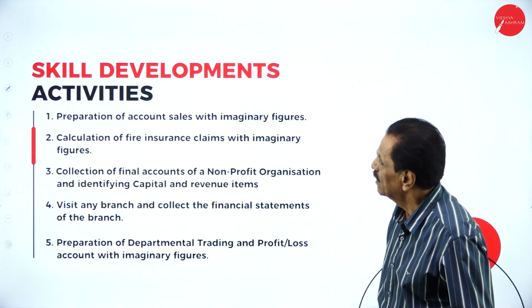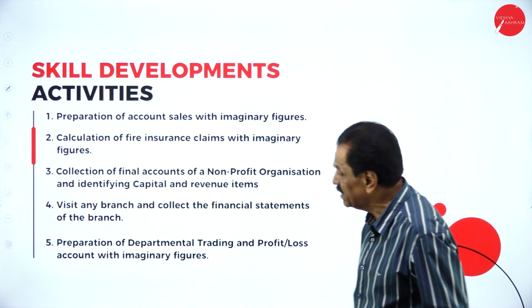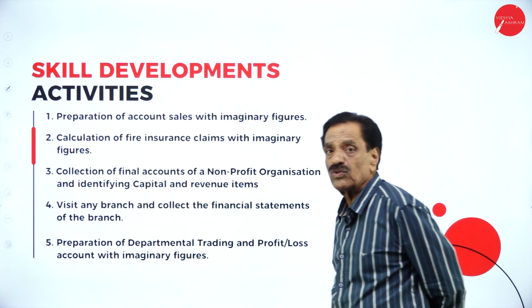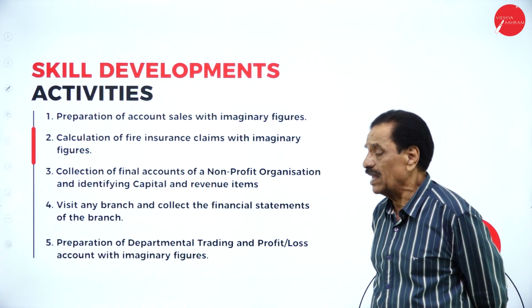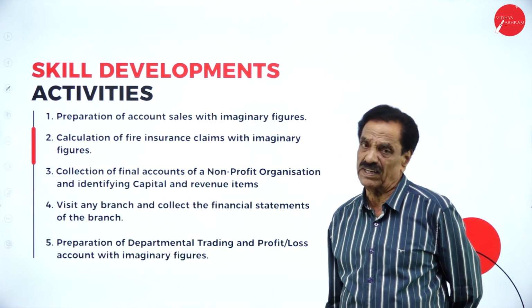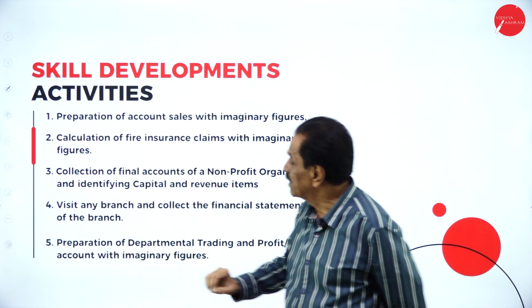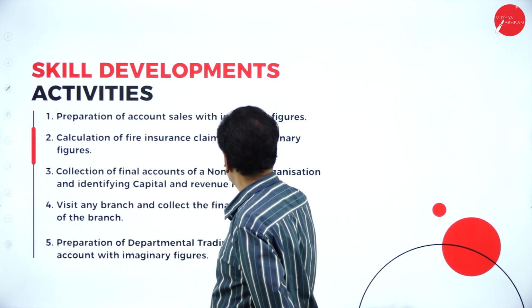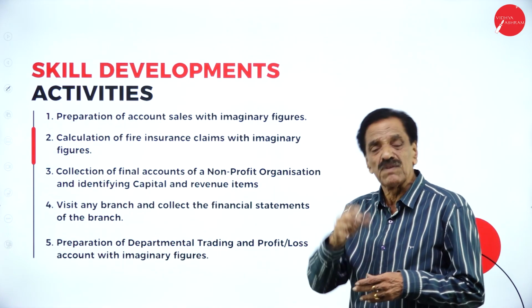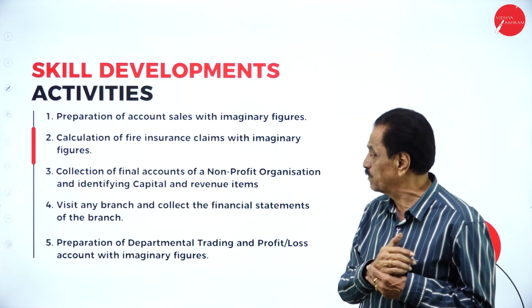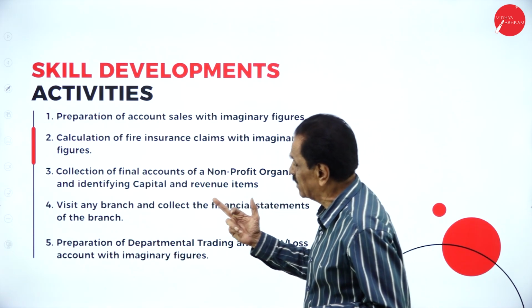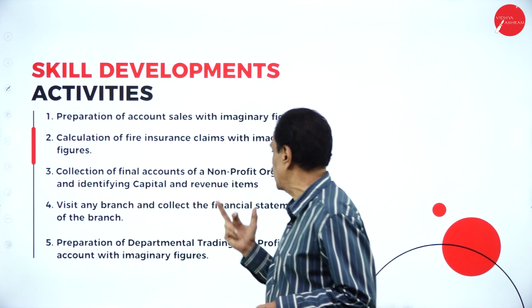We'll move on. Skill development activities. This is important. Preparation of account sale with imaginary figures. The student has to prepare an account sale related to consignment account with imaginary figures. Then calculation of fire insurance claim with imaginary figures. You have to make your own imaginary figures and prepare the fire claim. Then collection of final accounts of non-profit organization and identify capital and revenue items.